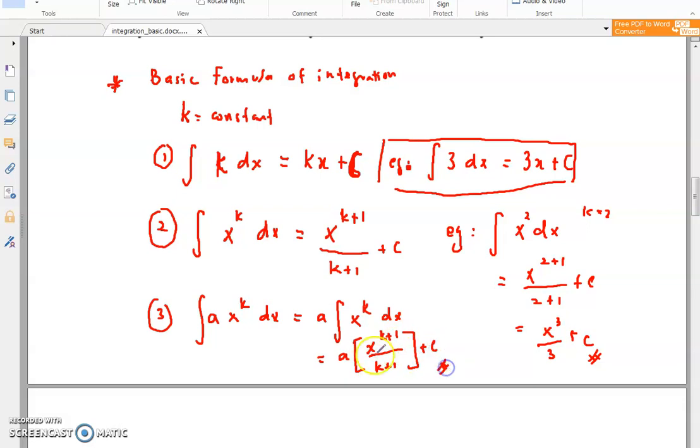So this is your third formula. Please try to write these formulas in your own notes, and we are going to refer to them from time to time when we do any exercise later.